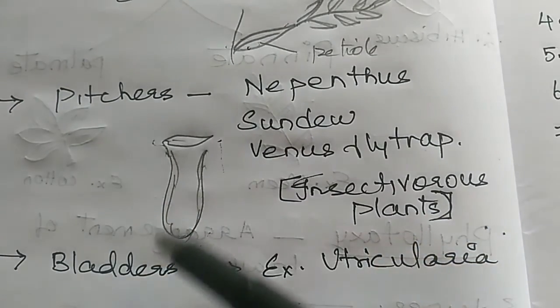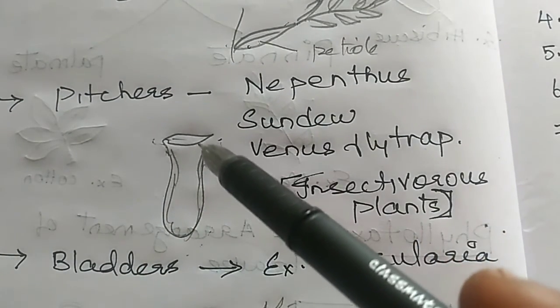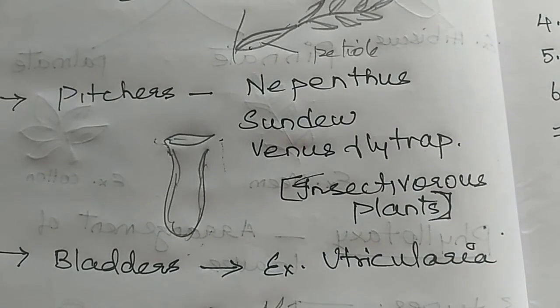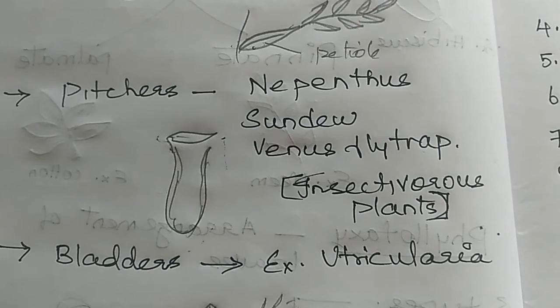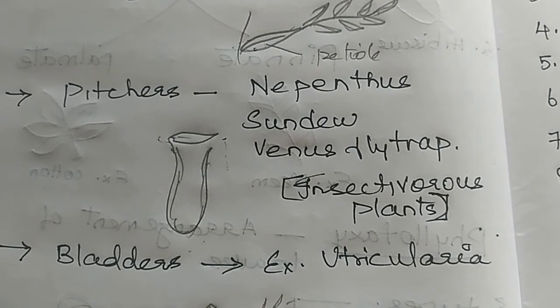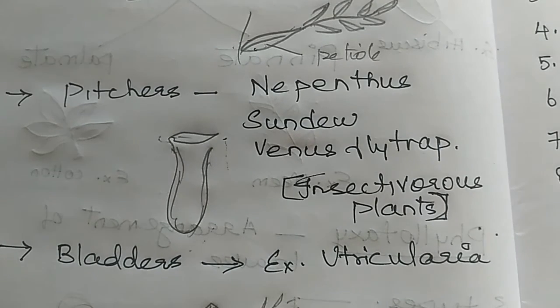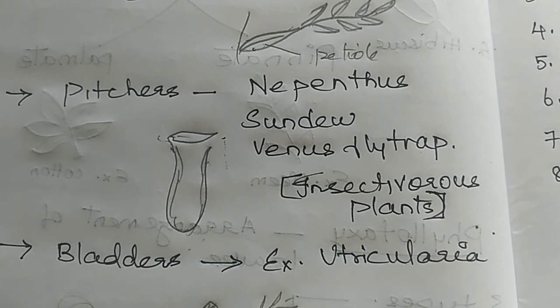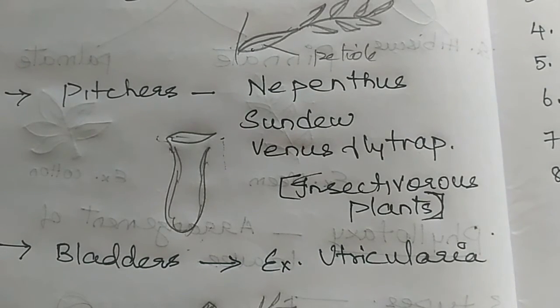And the next one is the pitcher plant. This structure is similar to a pitcher. Pitcher means an earthen pot, so it is named according to the structure. The famous plants Nepenthes, sundew and Venus flytrap are all called insectivorous plants.